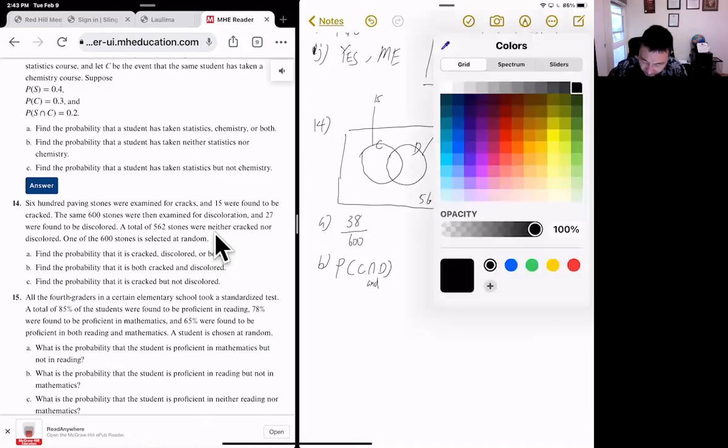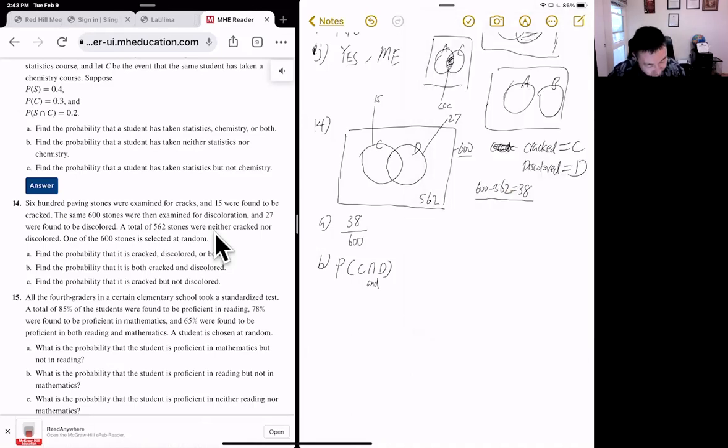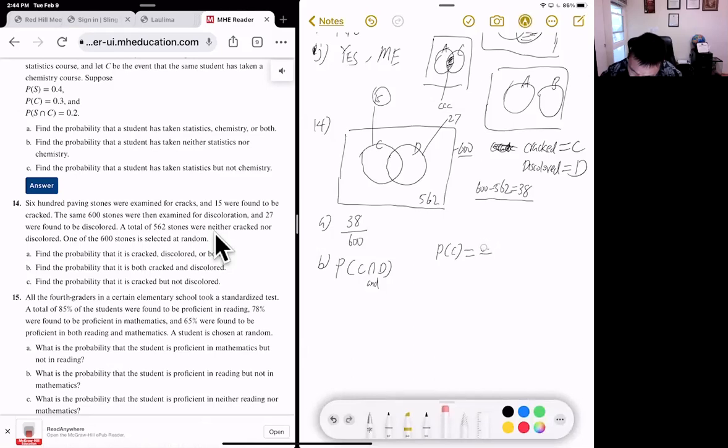Okay, so we want to find P of C and D. The question tells us P of C. So we have 15 of them, correct? So P of C is 15 over 600. And P of D is 27, so 27 over 600.